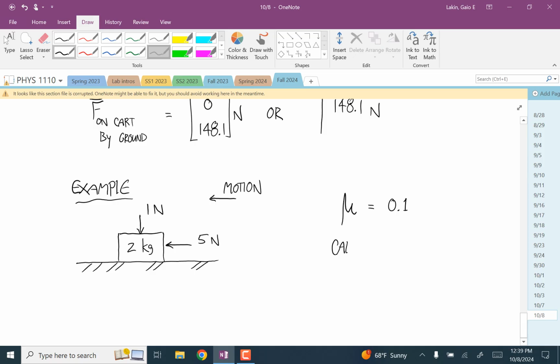So we want to calculate the acceleration vector. And let's also calculate the force vector applied to the block by the ground.